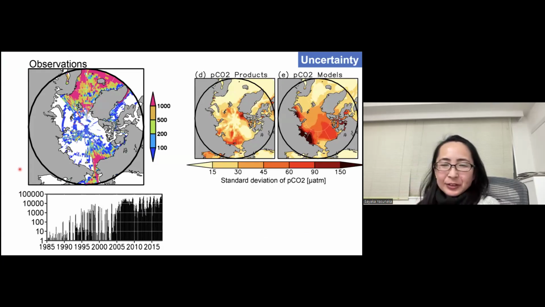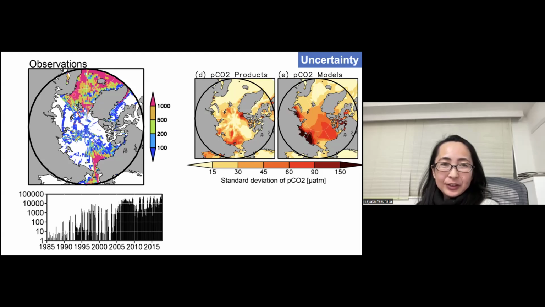Right, and we think the large uncertainty of PCO2 is because of the limited observations. This figure shows the number of PCO2 observations in the Arctic Ocean. The upper panel shows how many observations there are in each 1 degree latitude and 1 degree longitude grid box.